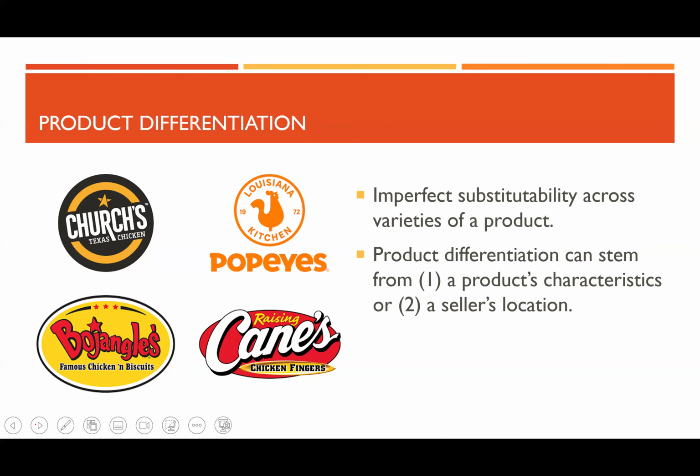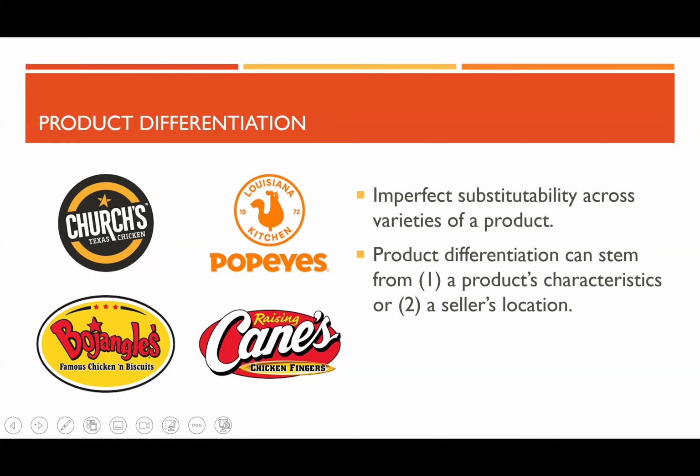If you have someone who likes Popeyes, they're going to be very strong in their assertion that Popeyes is different from Cane's and they're not substitutable, right? If they want Cane's, they're going to go to Cane's. If they want Popeyes, they're going to go to Popeyes. They're not equally the same in the consumer's eyes.